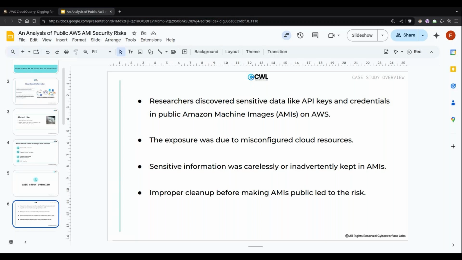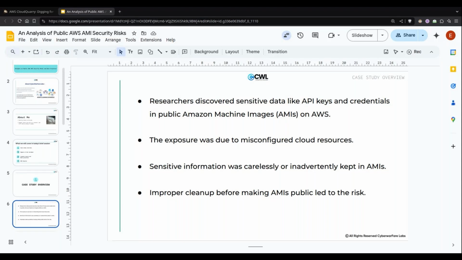The issue here is, AMIs which have secret credentials or sensitive information were published open to everyone, and anyone could actually spin up the AMIs and view the credentials and sensitive information inside, which would be quite disastrous.